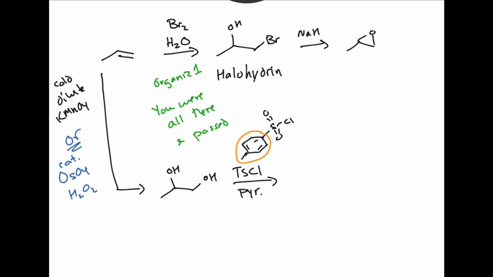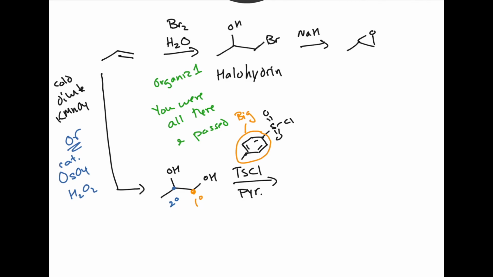Tosyl chloride is big. So when it goes to react with the two alcohols, it's going to react with the alcohol that's easiest to get to. It's going to react with the least substituted alcohol. So here I've got a primary alcohol, the secondary alcohol. It's easier to get to the primary alcohol, right?